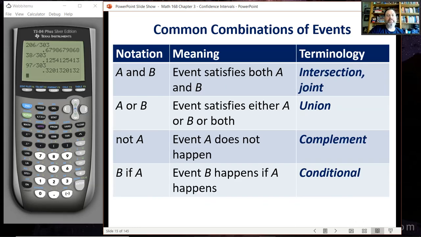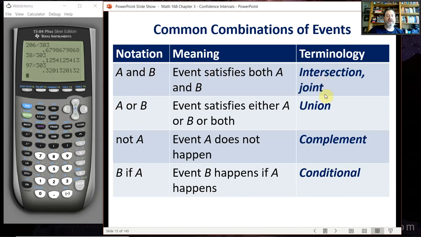So here's some common combinations of events. We've already addressed and we've addressed not. We haven't seen or, and we haven't seen if. We will see all these. So, and means the event satisfies both conditions simultaneously. That's called the intersection or the joint probability.